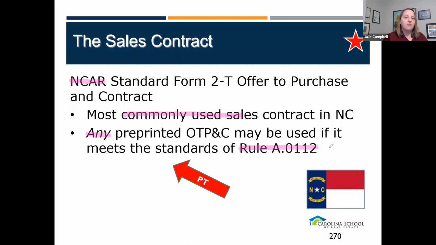What you need to know right now is that there's a rule, and that rule says that there are certain provisions, certain things that must be included if any broker is going to use a contract other than standard form 2T. Questions?